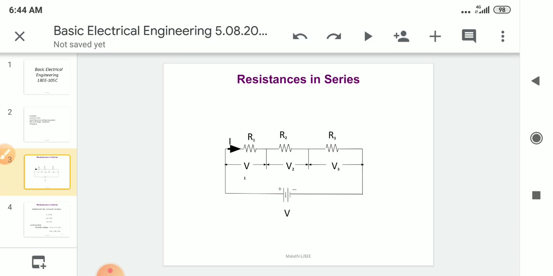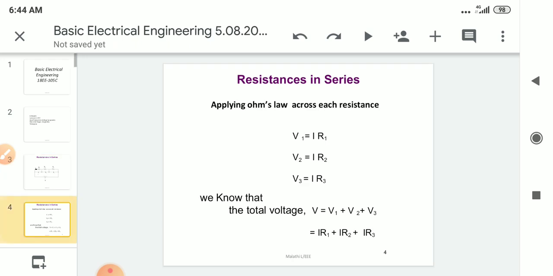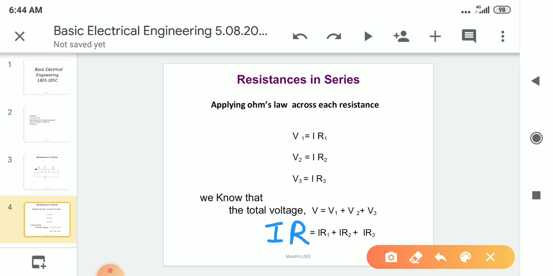The total voltage is the sum of the individual voltages across each resistance. So IR is equal to IR1 plus IR2 plus IR3.